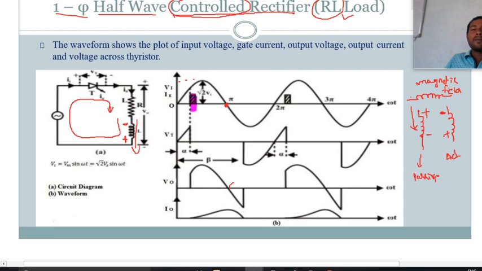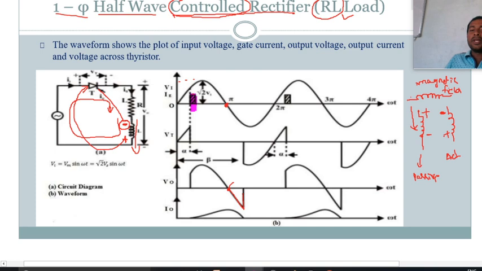So that's why the thyristor will continue to conduct for a certain duration, and that duration is based on the capacity of the inductor. If the inductor capacity is more, it will discharge its energy for longer, and after discharging, the inductor stored energy will be zero.